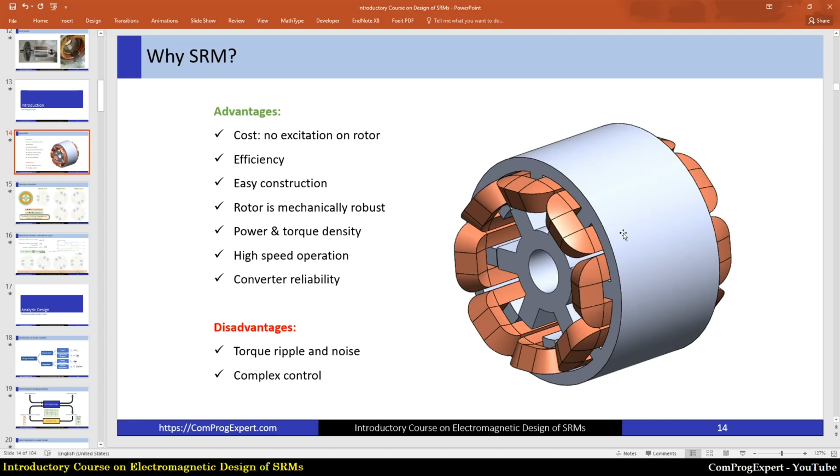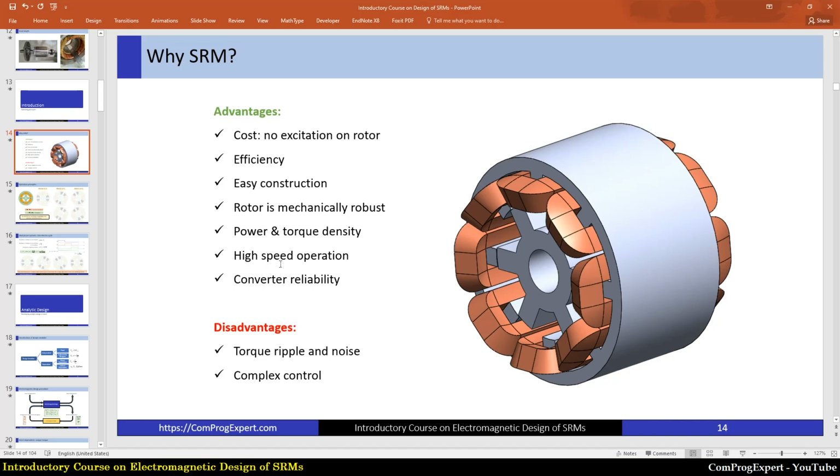When we have overlap in end windings, so the construction of this motor is easy, both for the stator core end winding and the rotor core. The rotor core is mechanically robust, and this option makes high-speed operation possible.